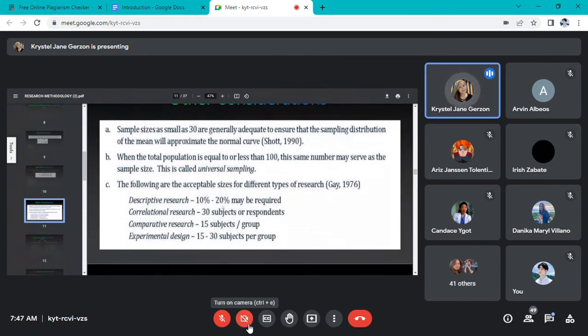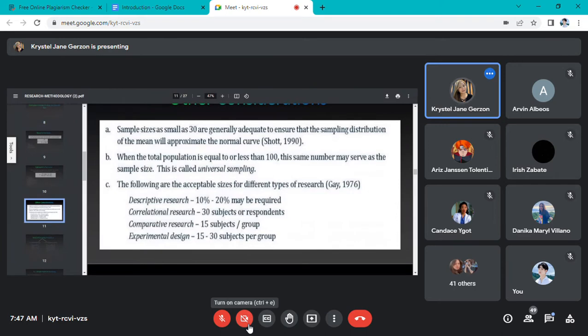Or according to, I think this is also still Schott 1990, when the total population is equal to or less than 100, this same number may serve as your sample size, and this is called universal sampling. So let's say, for example, your target population is arts and design students. These students have not reached 100, I believe.